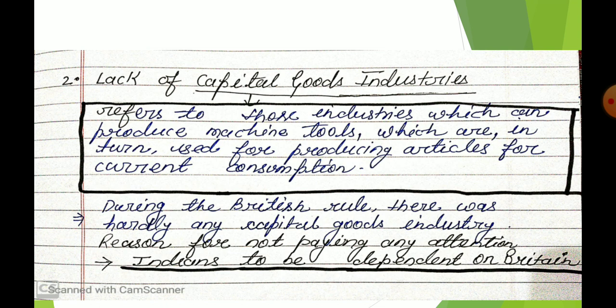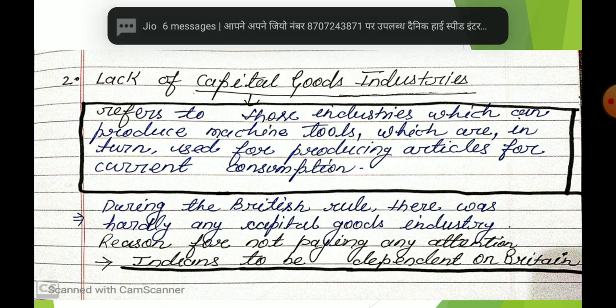If you talk about the agriculture sector, capital goods will be tractors and harvester machines. Whatever equipment, tools and machines are used in industry are considered capital goods. And what is capital goods industry? The industry that produces these goods is known as capital goods industry.